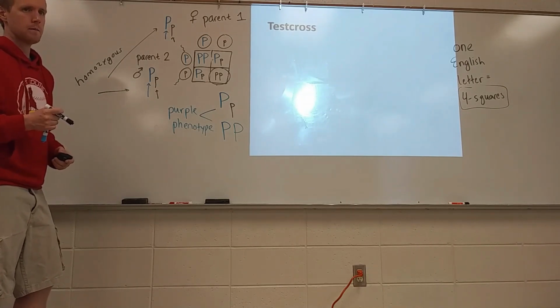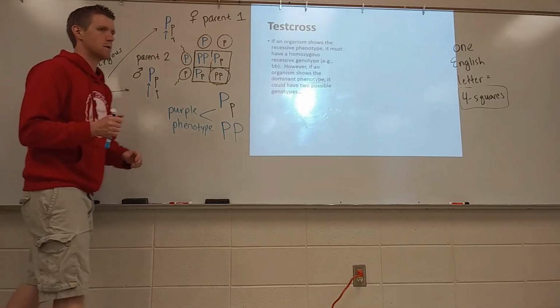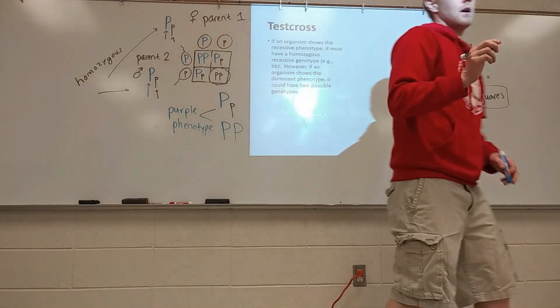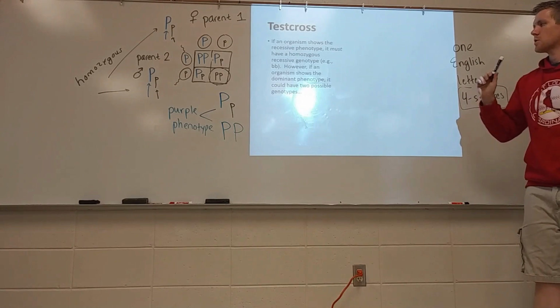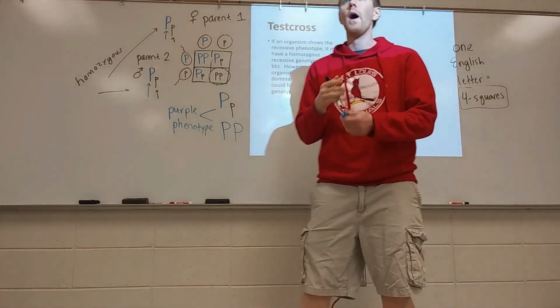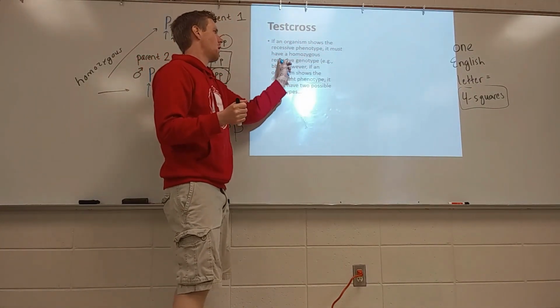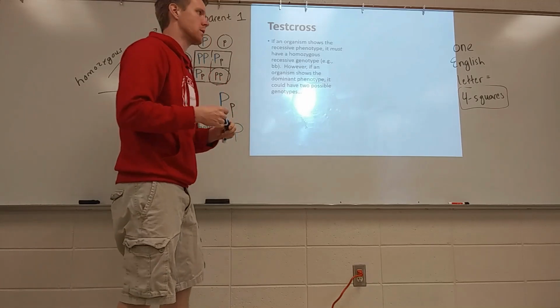Here's another good way to help you understand the difference between phenotype and genotype. If an organism shows the recessive phenotype, if there's a white pea plant, it has to be homozygous recessive in genotype.